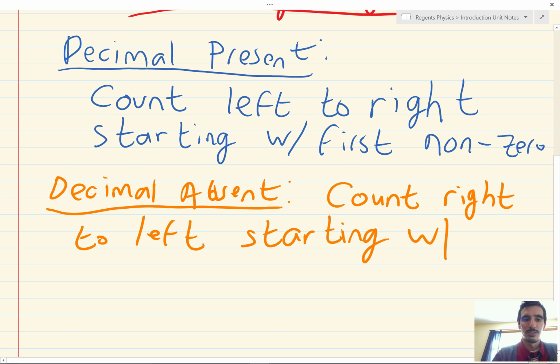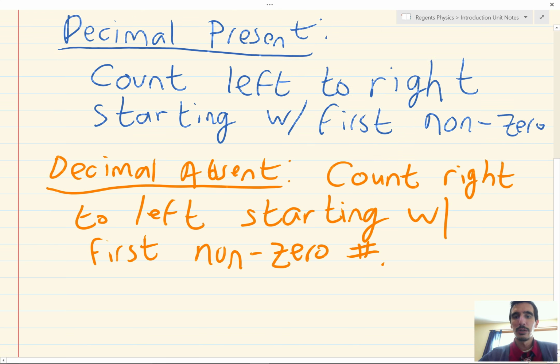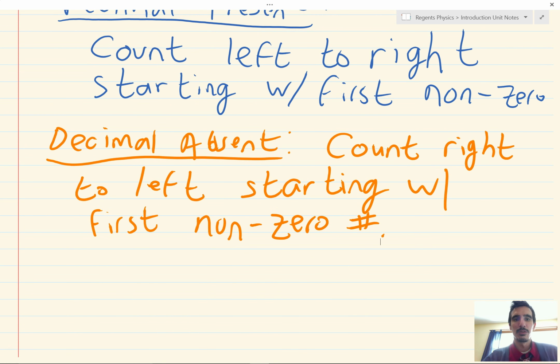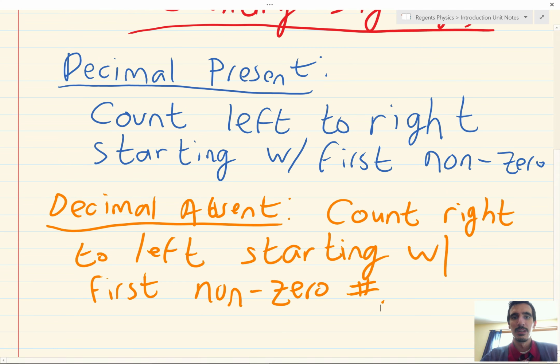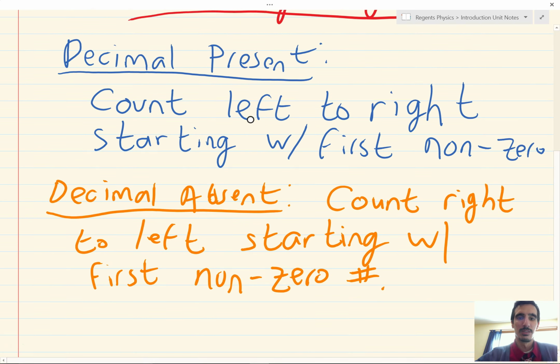A quick way to remember this: in Asia they read from right to left. So if the decimal is absent, A for Asia, we count right to left. Every other person counts from left to right, so if the decimal is present, we count from left to right.